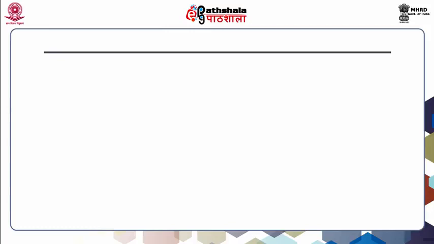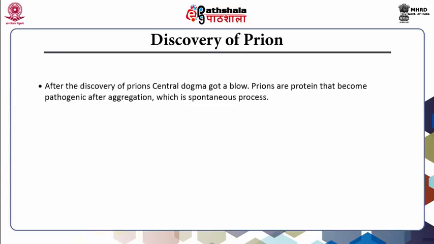The second thing which challenged central dogma was the discovery of prion. Just to remind you, prions are aggregated proteins which have pathogenic capability. So, after their discovery, central dogma got affected. Prions are proteins that become pathogenic after aggregation, and this is a kind of spontaneous process.